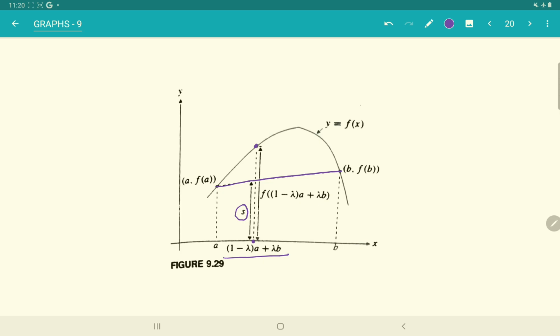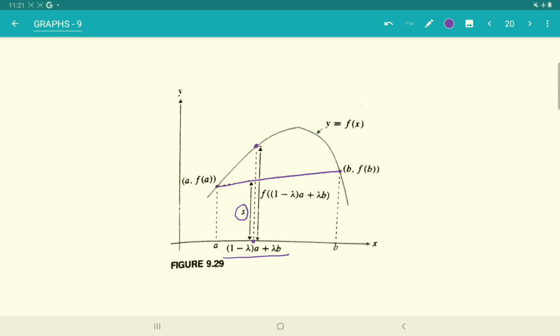So if my function is concave, this s cannot be more than f of 1 minus lambda a plus lambda b, because when a function is concave, the line segment joining any 2 points on its graph should never be above the graph.